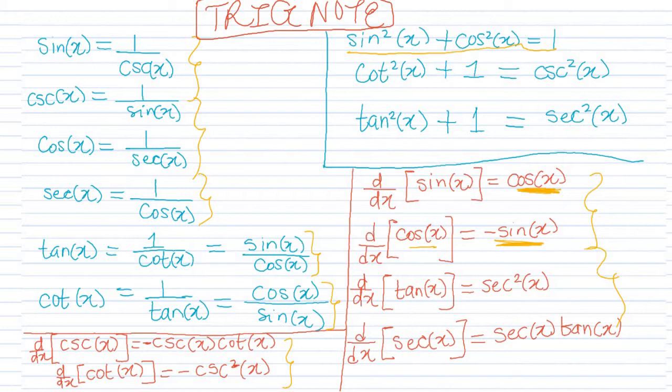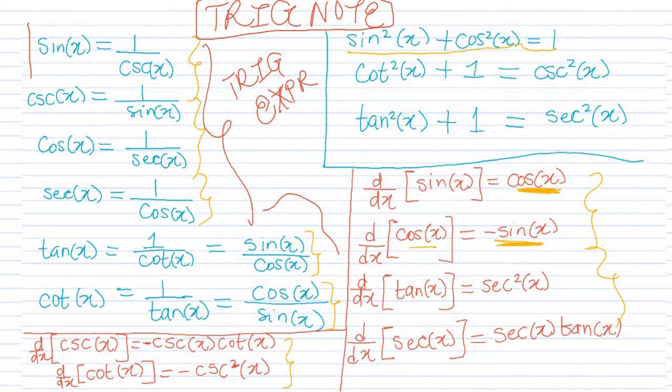On the left side of the page, you have a group of information called trig expressions. What I mean by trig expression is how trigonometric functions are expressed in relation to one another. So sine x is the same thing as 1 over cosecant x, and cosecant x is the opposite: 1 over sine x.